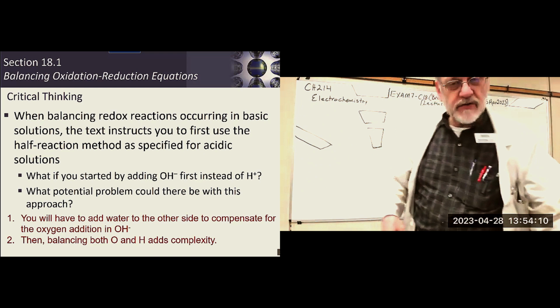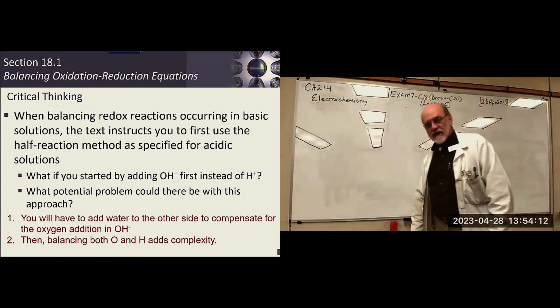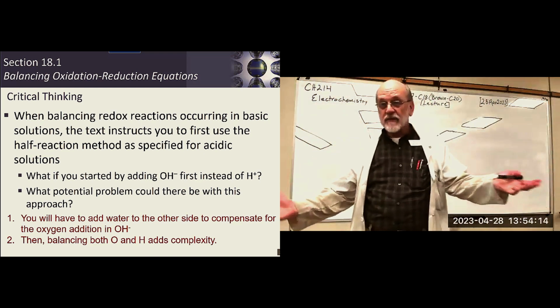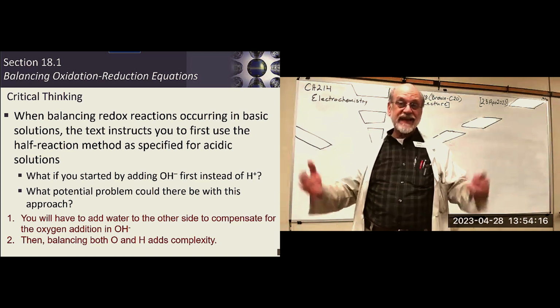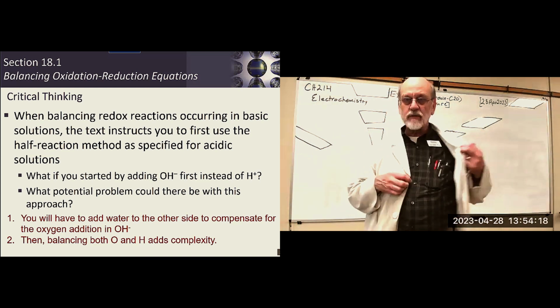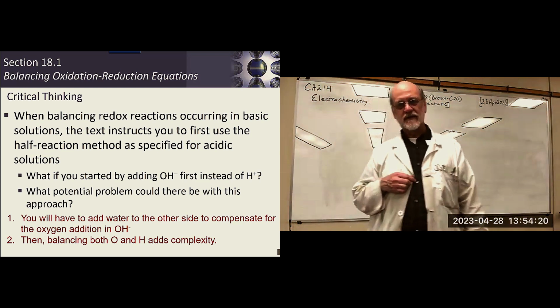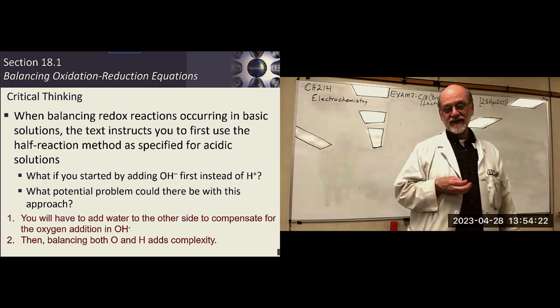So if it hasn't occurred to you already, why don't we just balance it for a basic solution from the beginning? Well, how would you do that? That's one question.